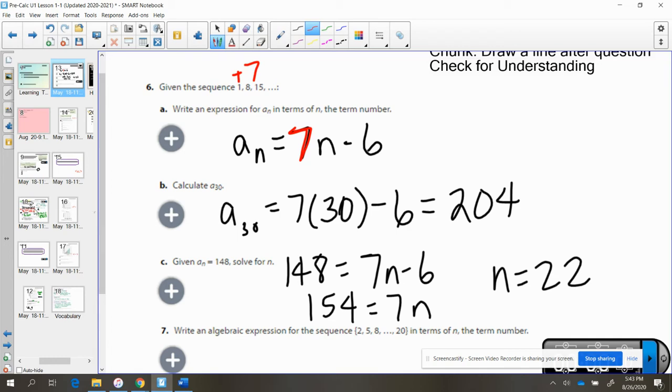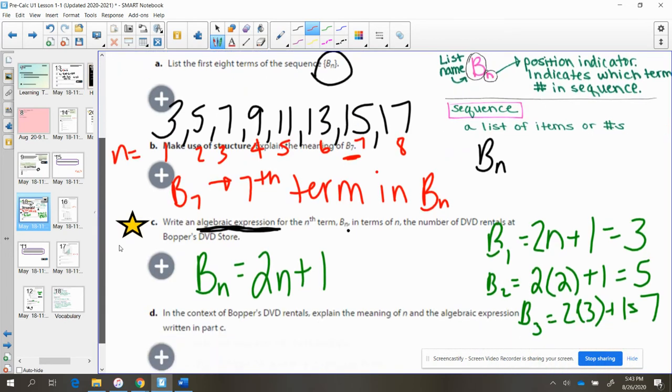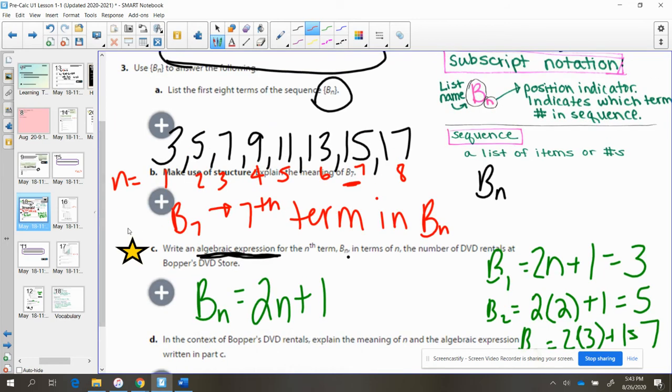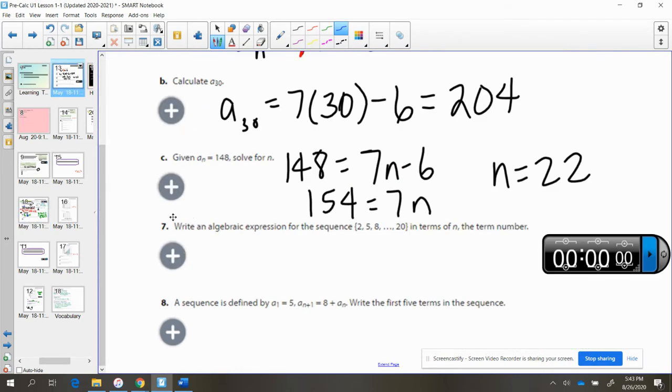Back to the beginning, when we first came up with the algebraic expression, each time we were adding 2, and the coefficient on our expression was 2. So as we look at problem number 7, notice each time we are adding 3, which means as we come up with our algebraic expression, 3 is going to be the coefficient.